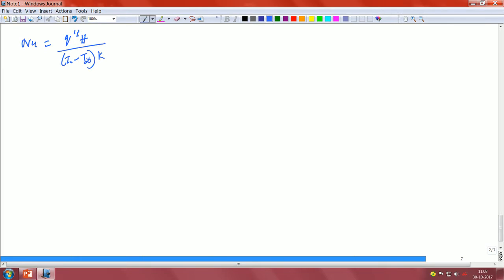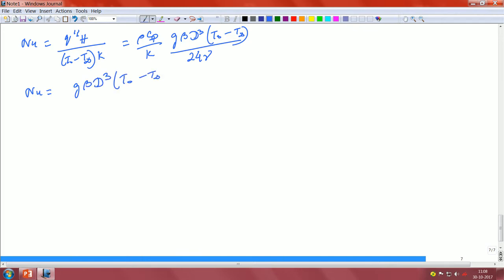So, therefore, it will be rho Cp by k, g beta d cube (T naught minus T infinity) divided by 24 gamma. So, therefore, the Nusselt number becomes g beta d cube (T naught minus T infinity) divided by 24 gamma alpha.